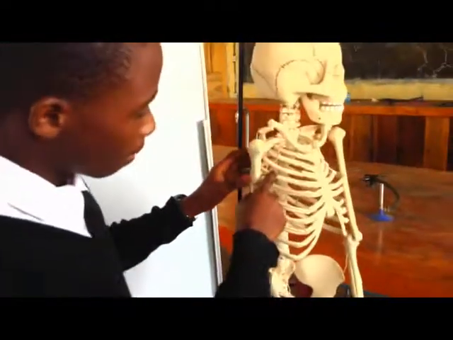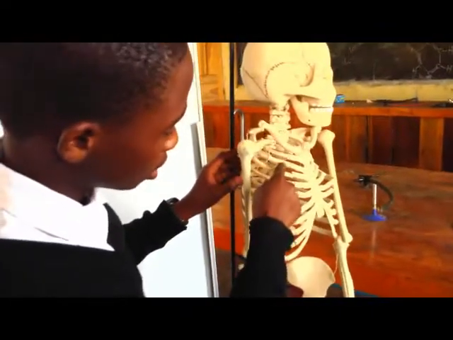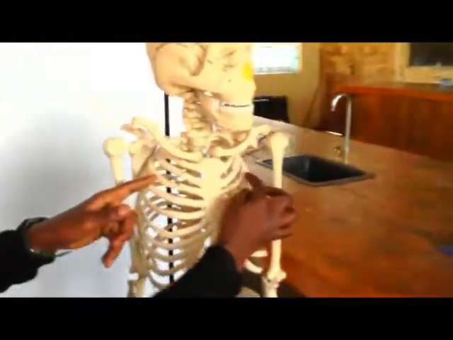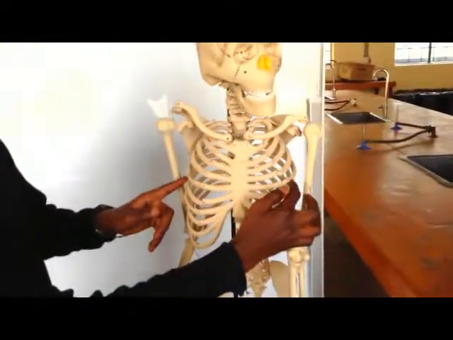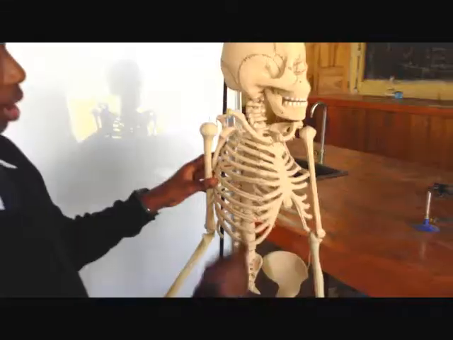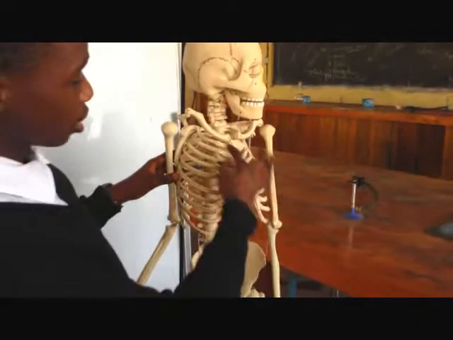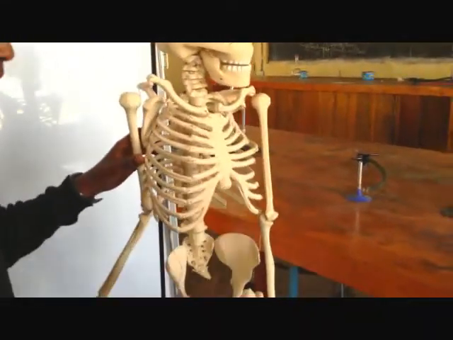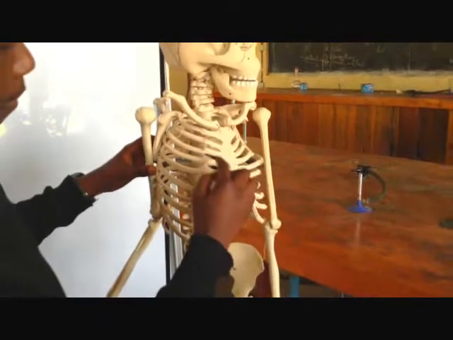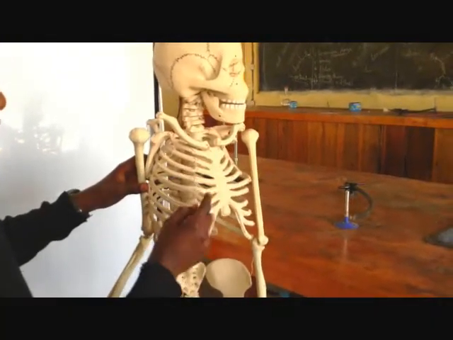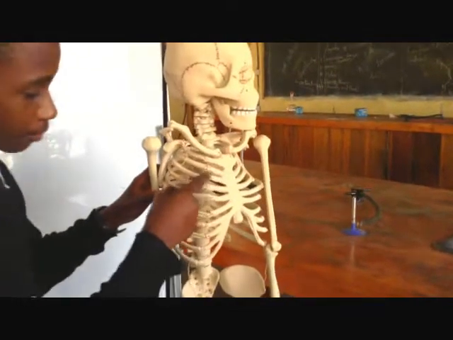First pair, second pair, third, fourth, fifth, sixth and the seventh. They are known as true ribs because they have direct articulation to the sternum, as you can see here, by the help of intercostal cartilage.